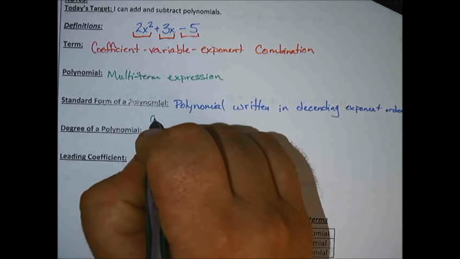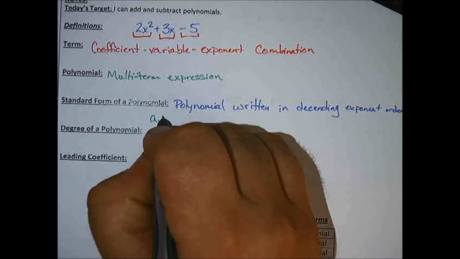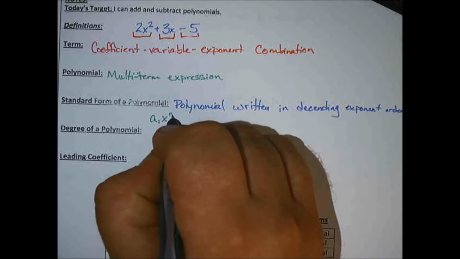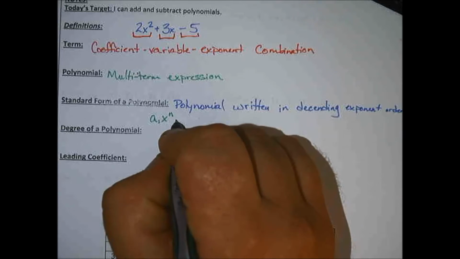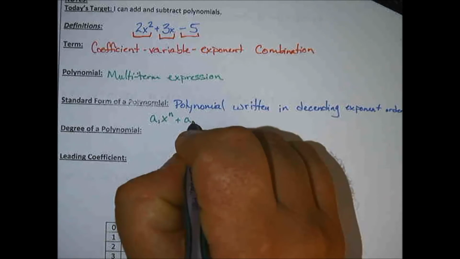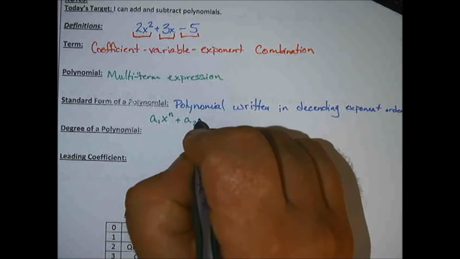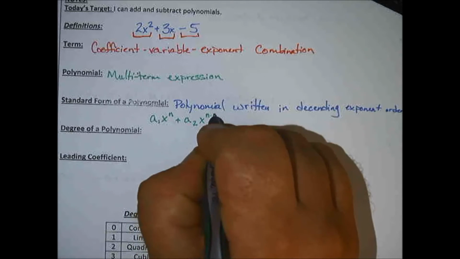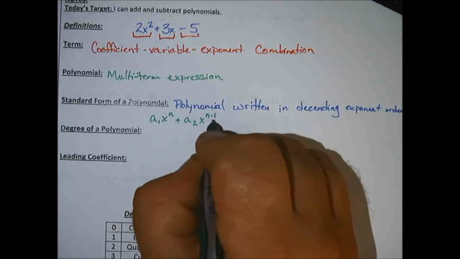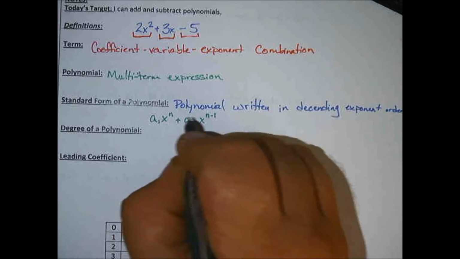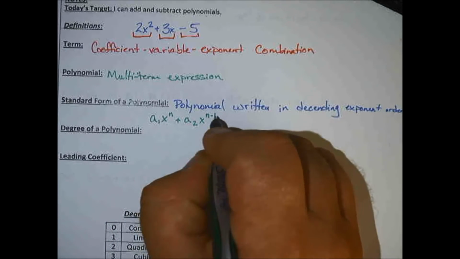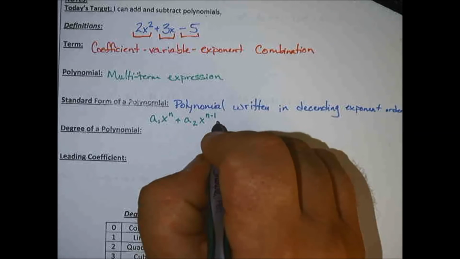So say we have our first coefficient, and then our variable, and our first exponent, and then we're going to say plus a2 x to the n minus 1, which means that if this was maybe the 5th power, this would be the 4th power, or the next power that's available.